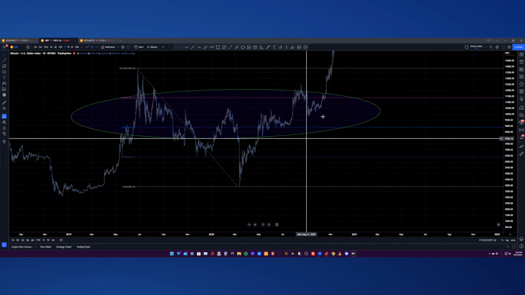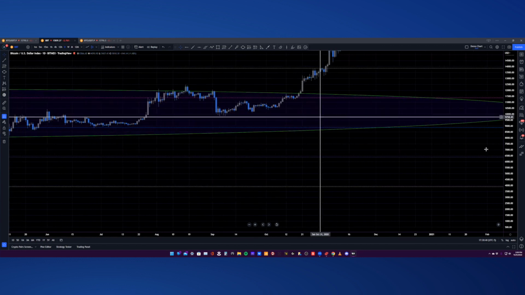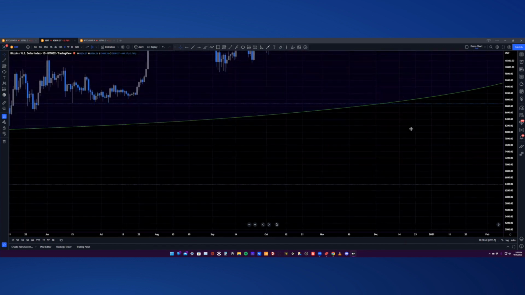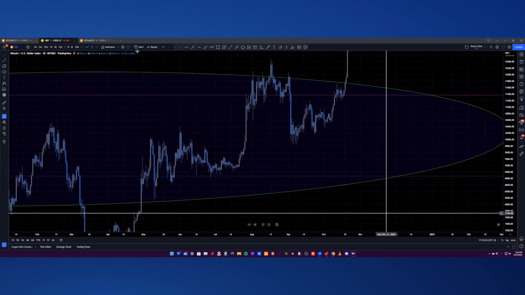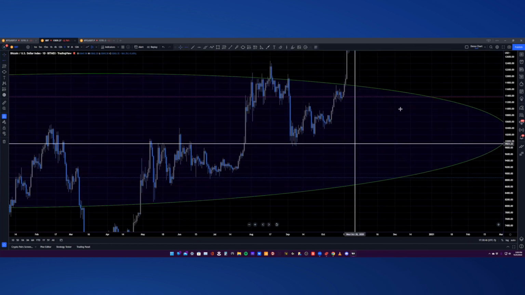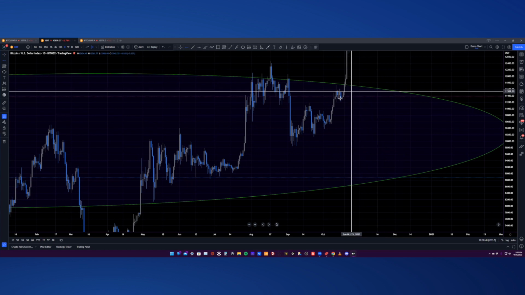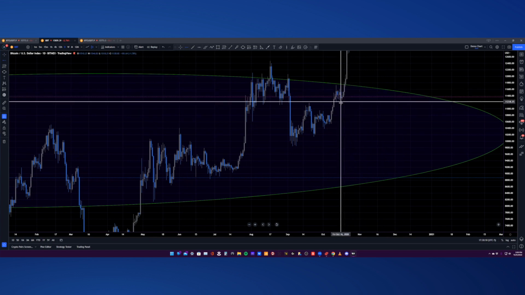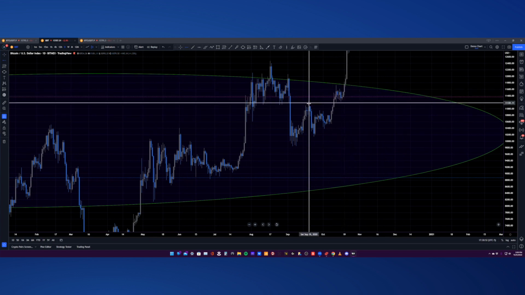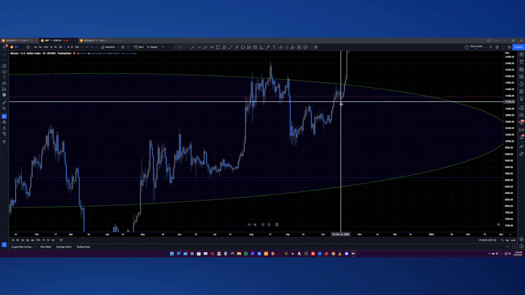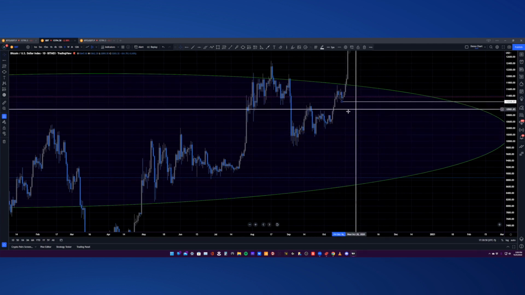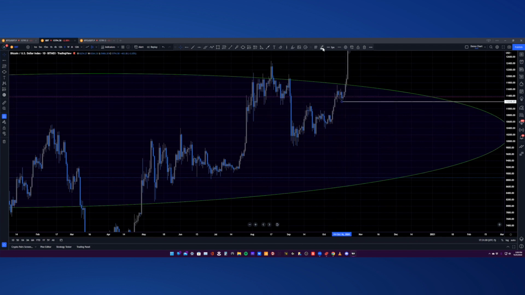Well, if we look at this point here, we can see this leg, which is also this peak. So you got a peak and a valley, so to speak. That one looks significant.